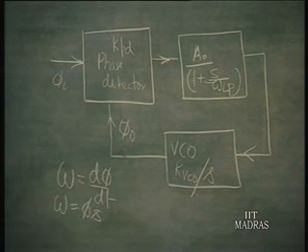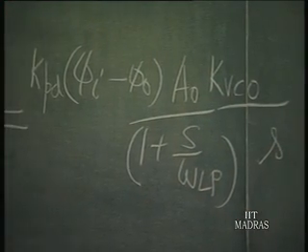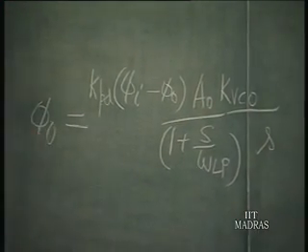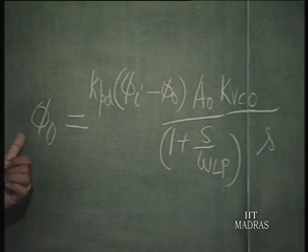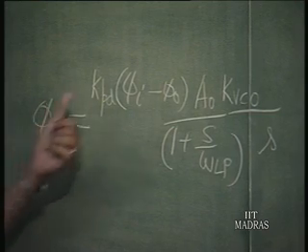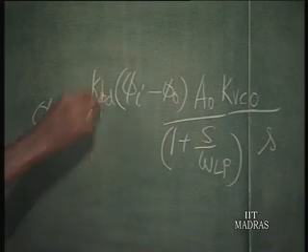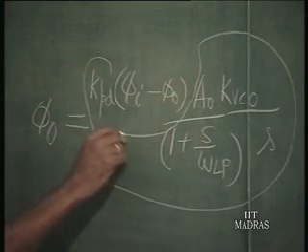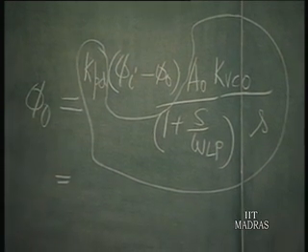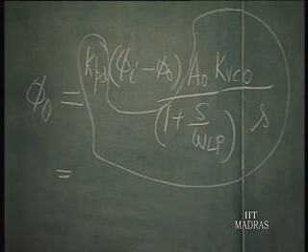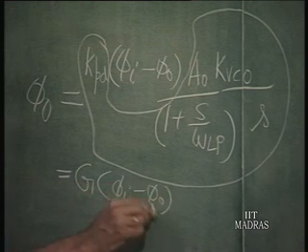So, KVCO by S, and that should be equal to phi naught itself, right. This is exactly similar to our writing x naught is equal to xi minus x naught into G. This whole thing is going to be called the gain or the loop gain. So, we will call this G into phi I minus phi naught.